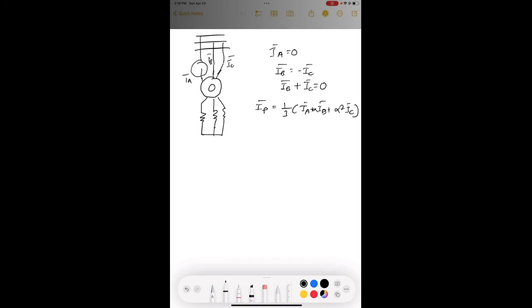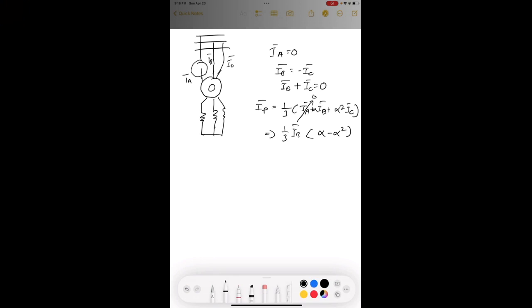We already know that IA bar is 0 and IC bar equals negative IB bar. So we get 1/3 IB bar, which is common, so it comes out, times (alpha minus alpha square).